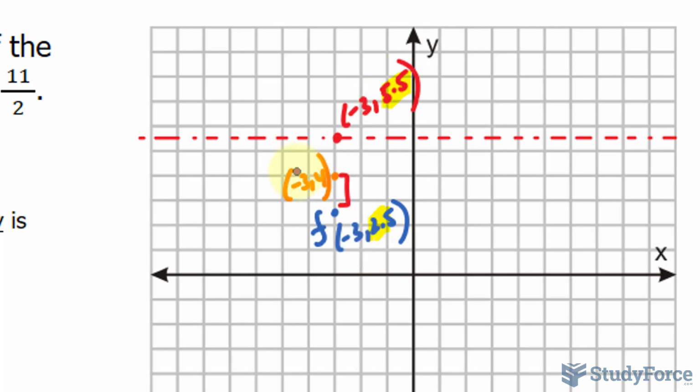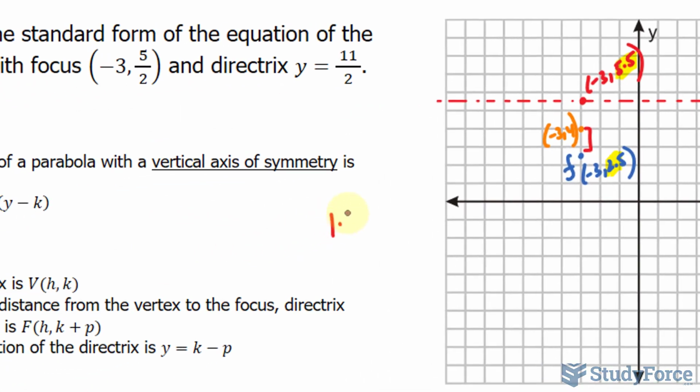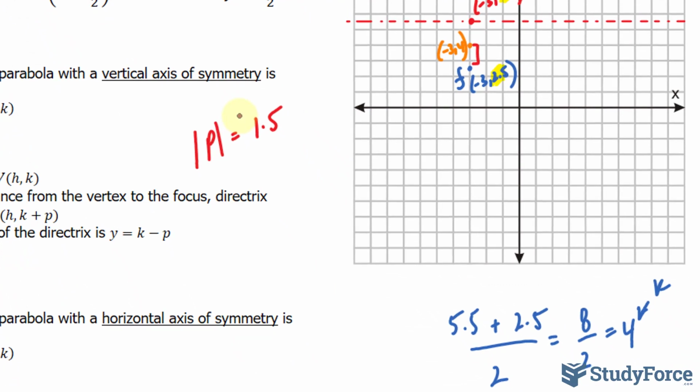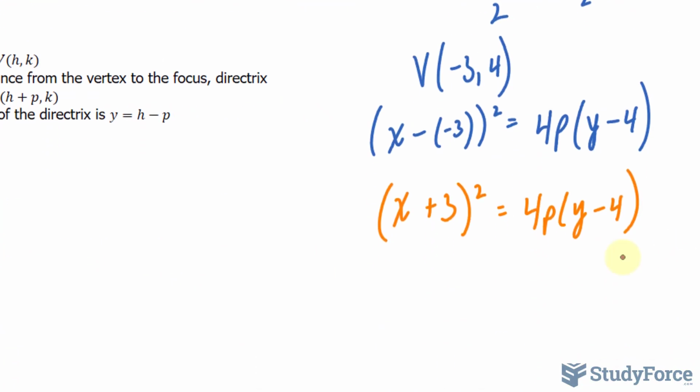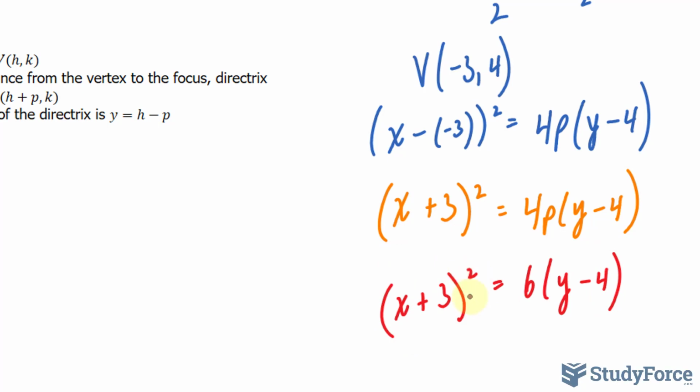Either one, whichever you choose, you should end up with 1.5, and that represents our value for p. Now p is an absolute value, so if this happened to be, let's say, -1.5, just write down the positive version. So let me write down 1.5 where I see p, and I'll multiply 4 times 1.5, which equals 6. So 6(y minus 4), and over here (x plus 3) raised to the power of 2.